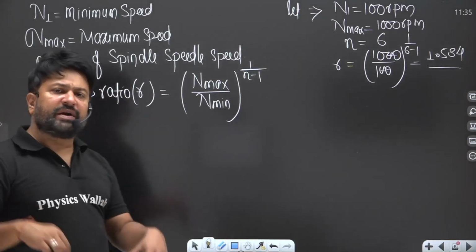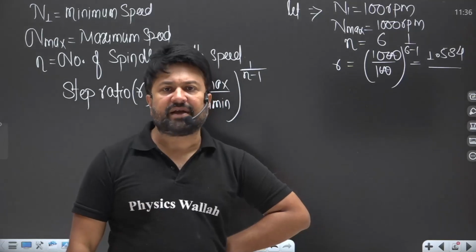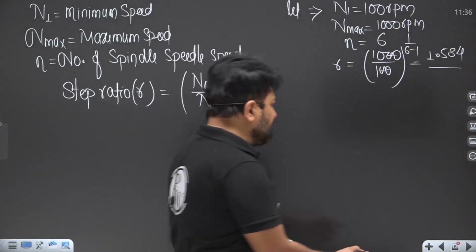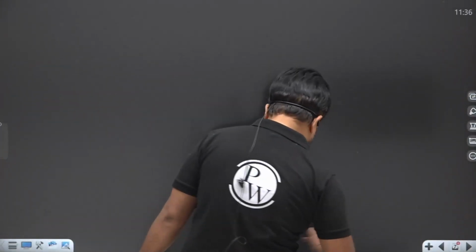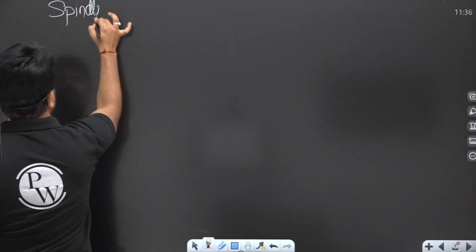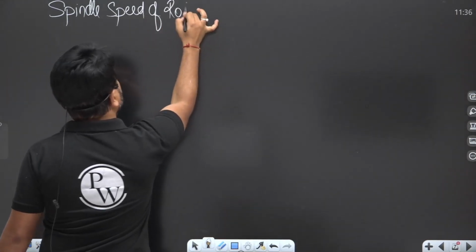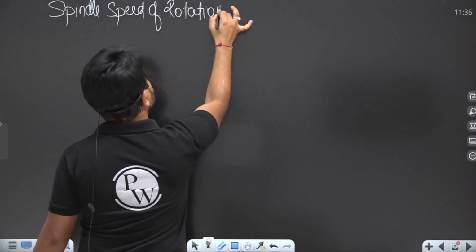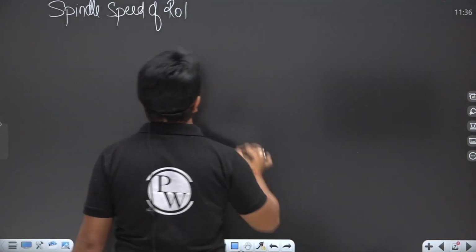And again a student will ask, sir, how can I find n? My dear, the minimum and maximum diameter will be given to you. A student will ask me, sir, how can I find the spindle speed of rotary motion?